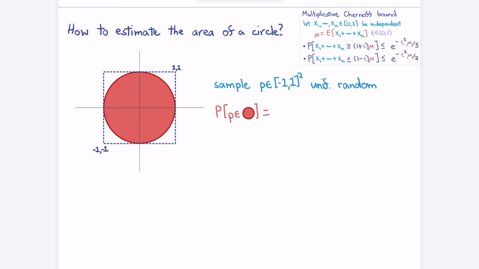It would be something like pi over 4. It's whatever the area of the circle is divided by the area of the square, which is something like 0.785. So if you take the average over time, it should converge to the true area of the circle. Of course, for a circle you already knew the area, but the point is you can do this for other shapes.